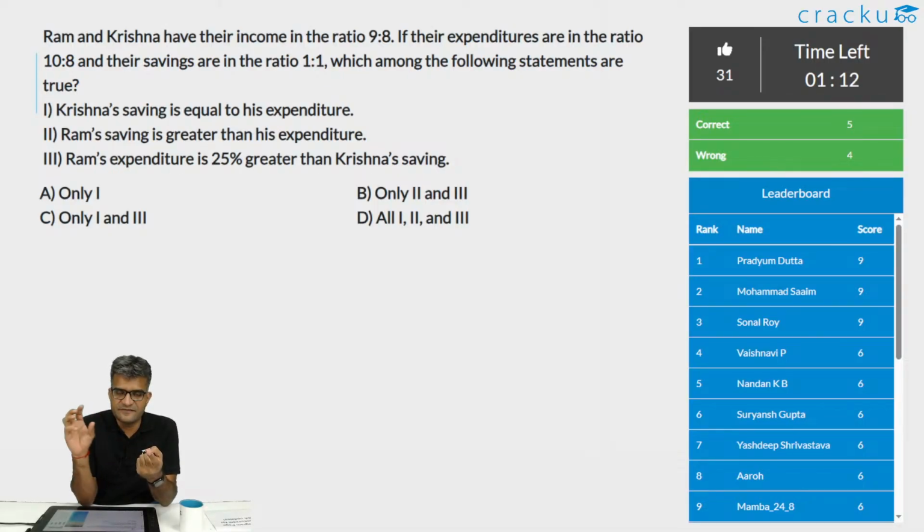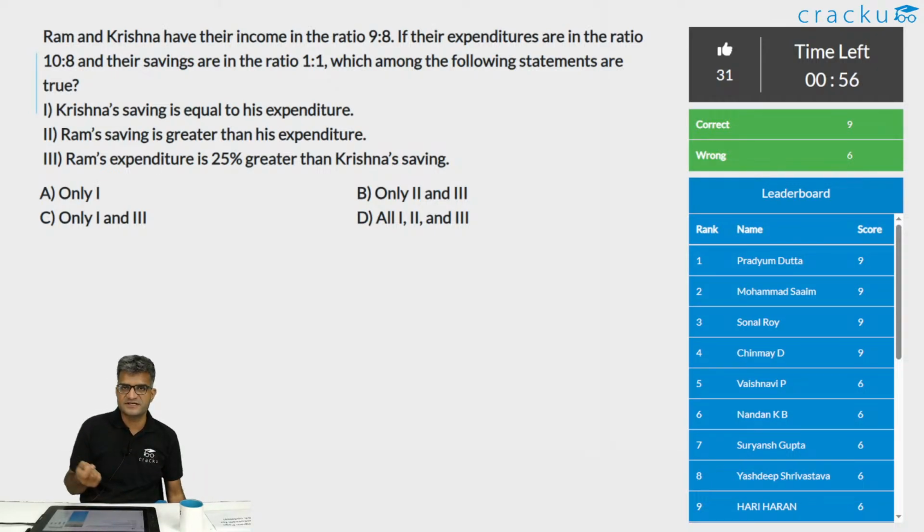In VA, the accuracy will fluctuate, but in RCs the accuracy will be stable, or at least it should be stable. So focus on doing well in RCs. To do well in RCs, you need to have a habit of reading. So every day try to read 3 or 4 good articles from either Aeon Essays or The Guardian. There are different good websites. Try to go through them and inculcate a habit of reading.